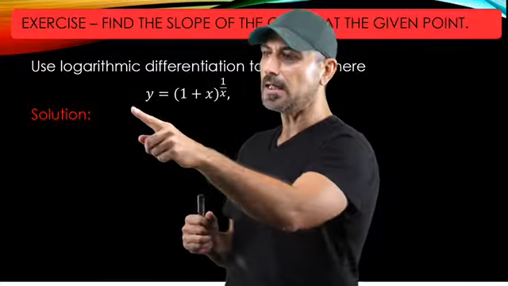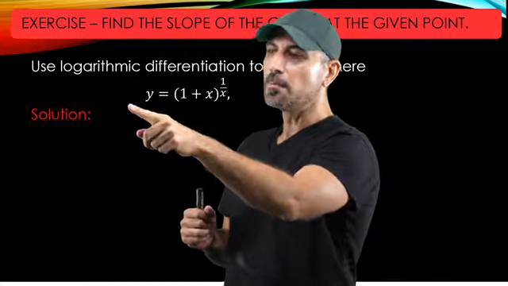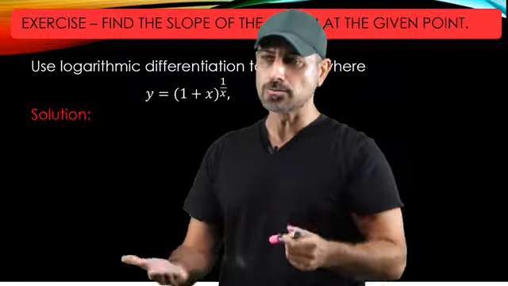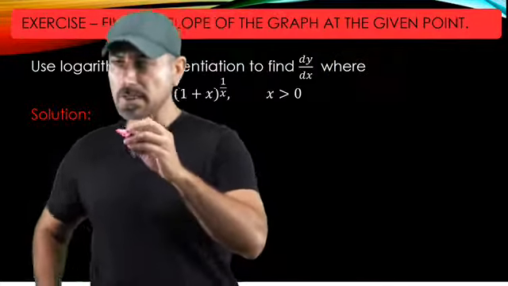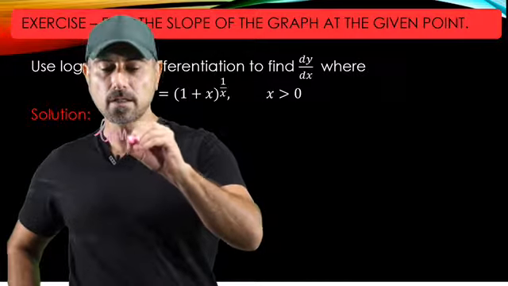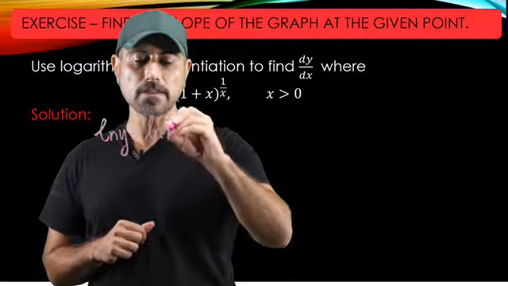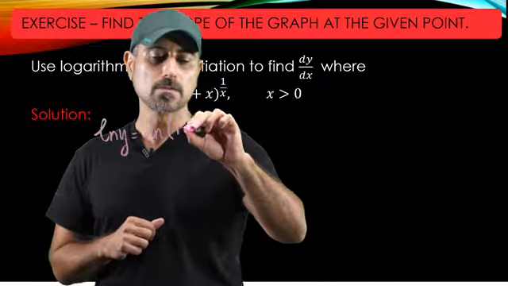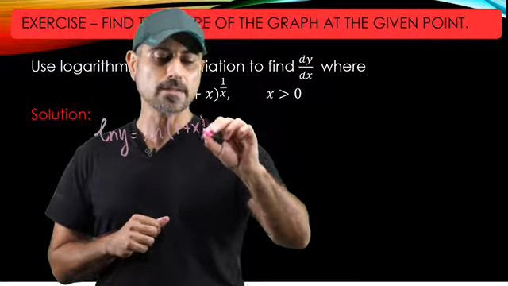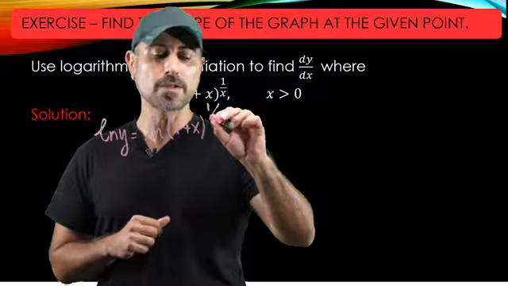So we take the ln, the natural logarithm, of both sides of the equation, and take the derivative. Essentially it becomes ln y, the natural logarithm of the left-hand side, equals ln of (1 + x) to the power of 1/x.